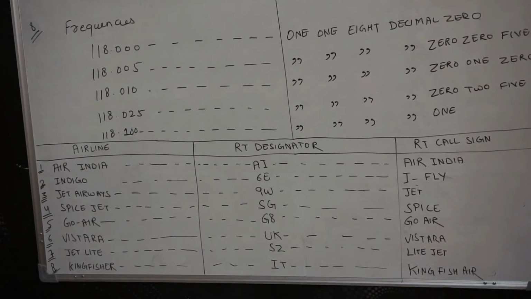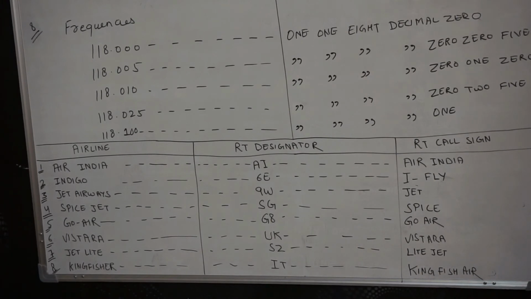Go Air has RT designator Golf 8, and we will say Go Air. Vistara has the UK RT designator, and we'll say Vistara. JetLite has RT designator S2 Sierra 2, and we will say JetLite. Last one is Kingfisher, and though this airline is not working, just for additional knowledge I am giving Kingfisher also. The RT call sign is Kingfisher.